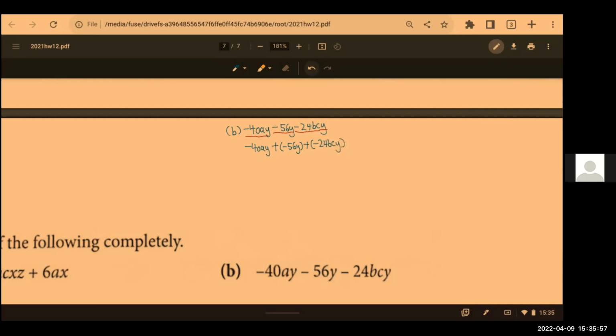Now you can split each individual. Now, minus 40, then minus 56, minus 24. So what is the common one among these?